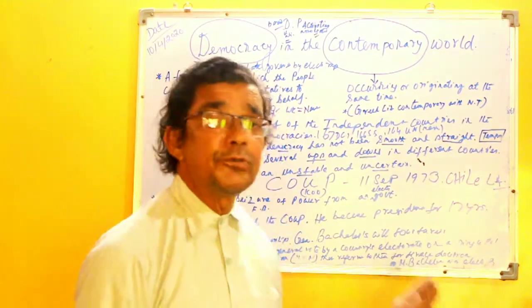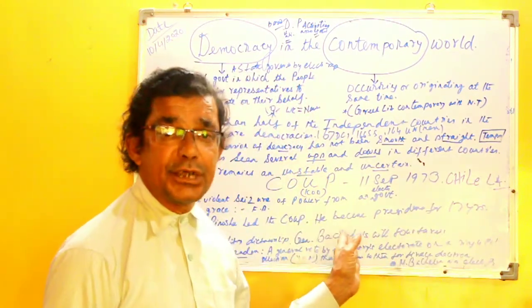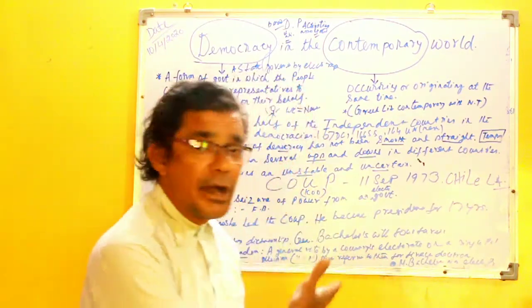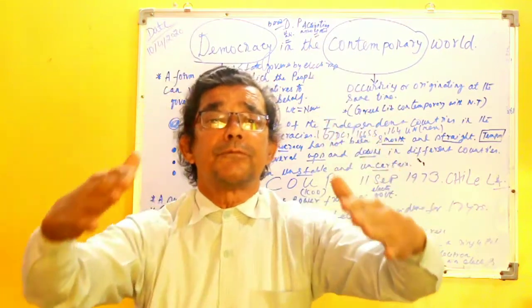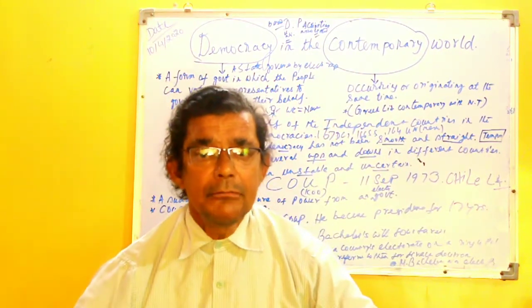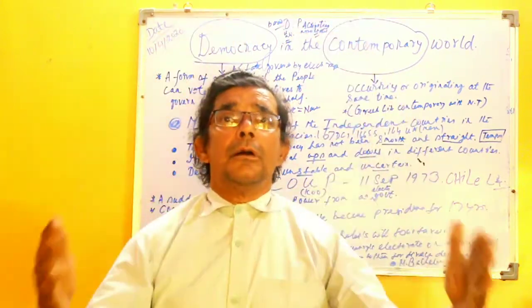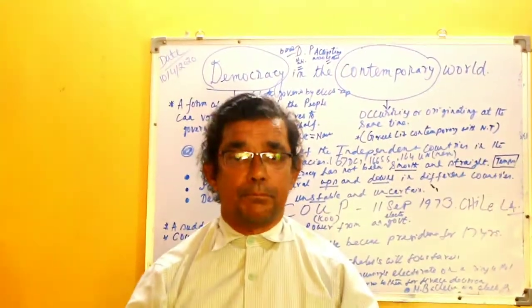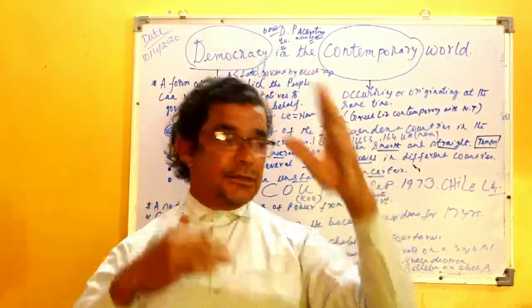And what we see, the military dictatorship in Chile led by General Augusto Pinochet fell like a house of cards. And again we see the building of democracy coming up, tall, triumphant.